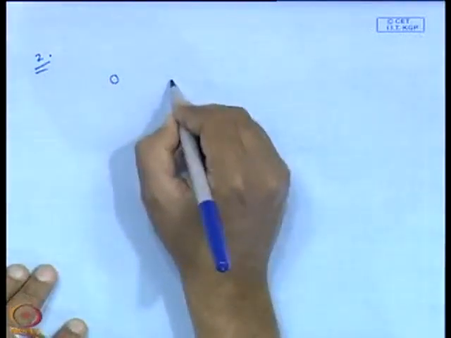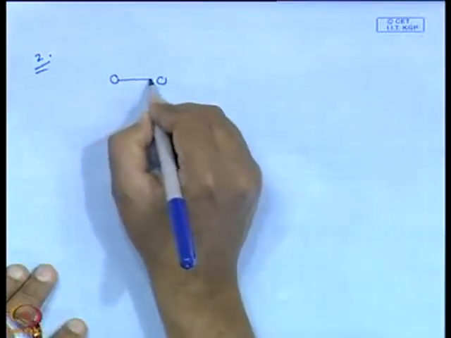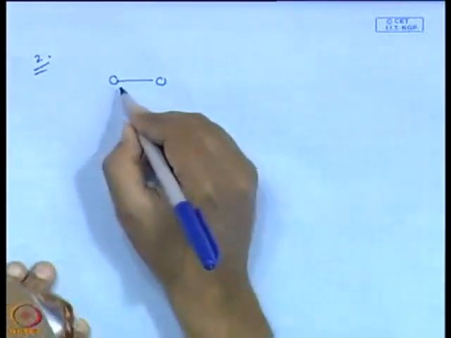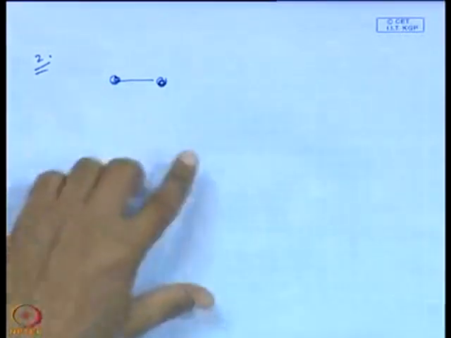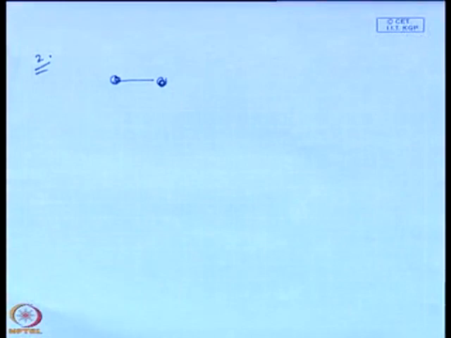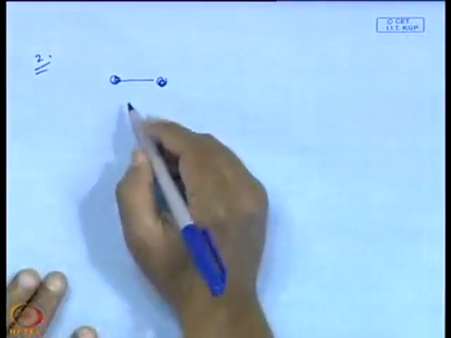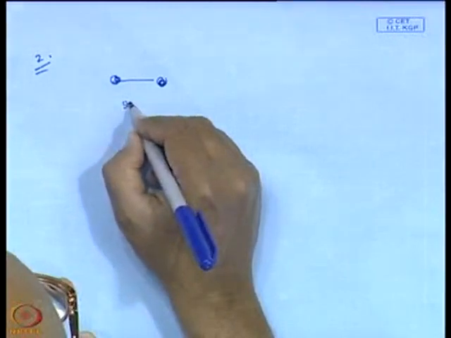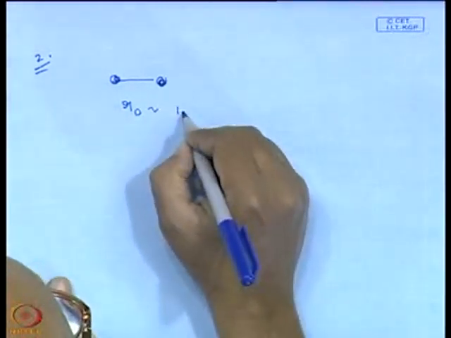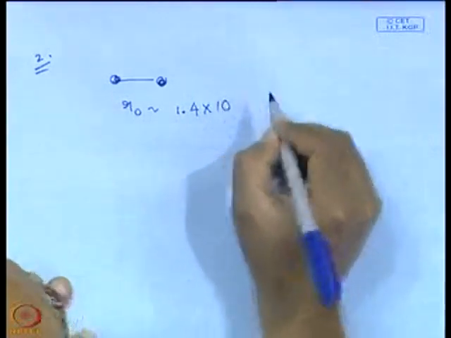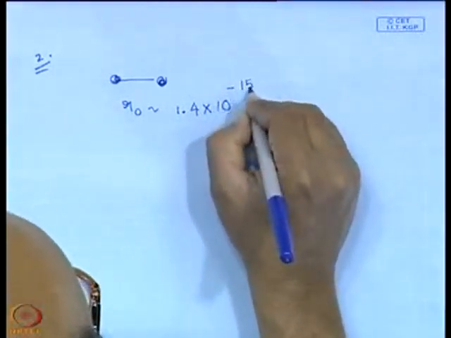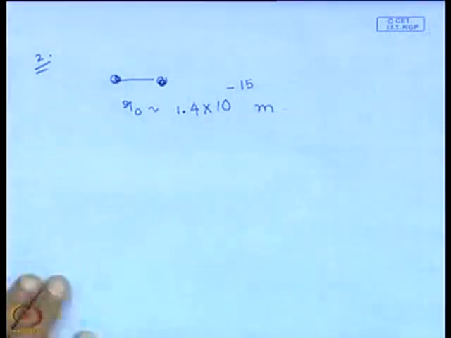We have two protons, and we know that at large scales there is the Coulomb repulsion between any two charged particles which have the same charge, and it is only if they can approach within a distance r_0 of the order of 1.4 x 10^-15 meters will the strong interaction come into play, and they will then be able to merge and form a deuteron.